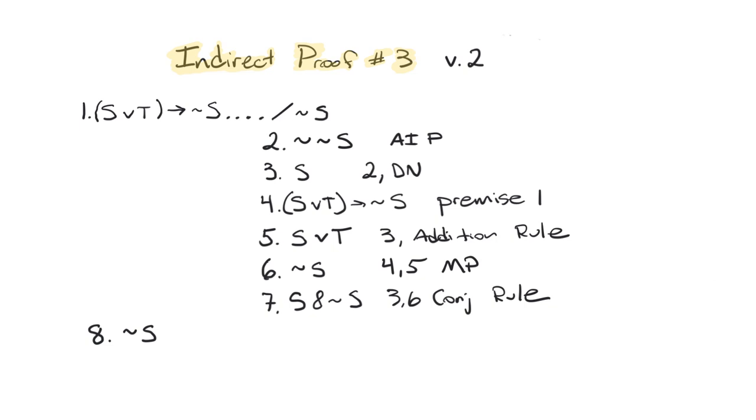And so that becomes justified. We'll keep all of our justifications in roughly the same column here. So that's going to be justified from lines 2 through 7 using the indirect proof method. And so our proof is complete.